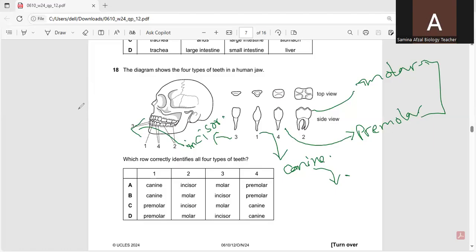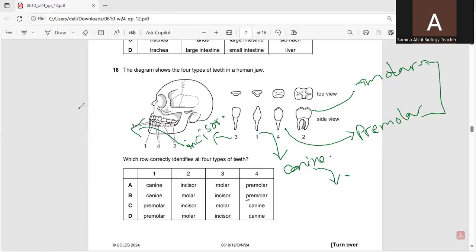So according to this labeling, at number 1 is canine, number 2 molar, and number 3 incisor, and number 4 premolar.